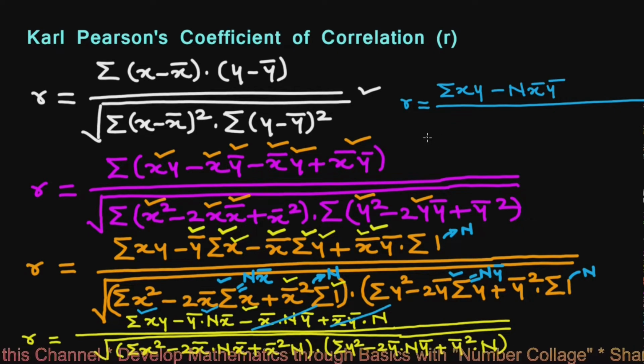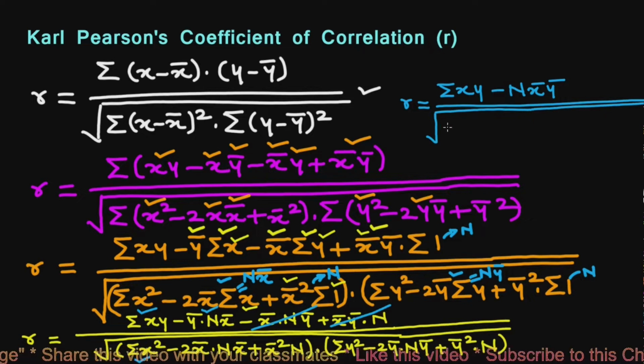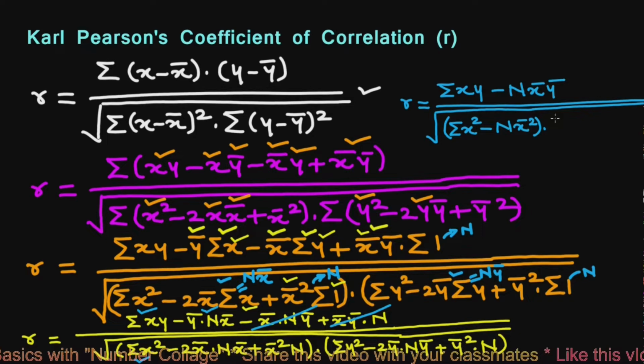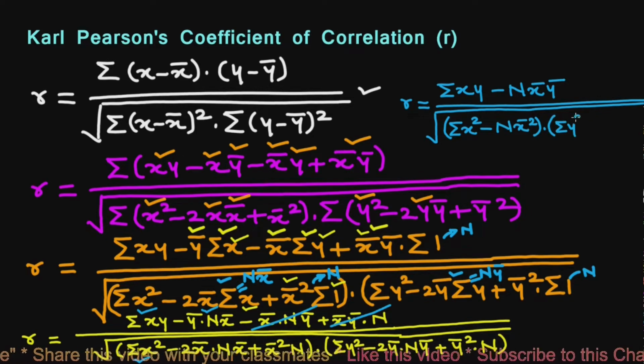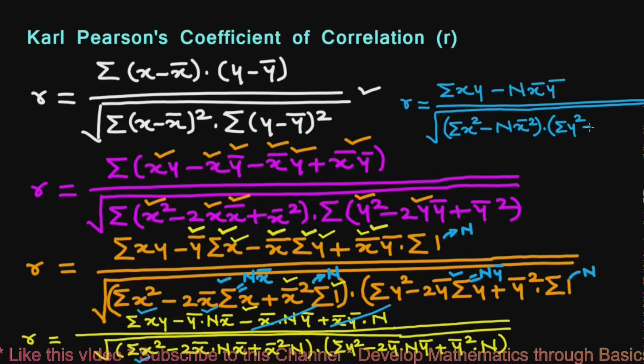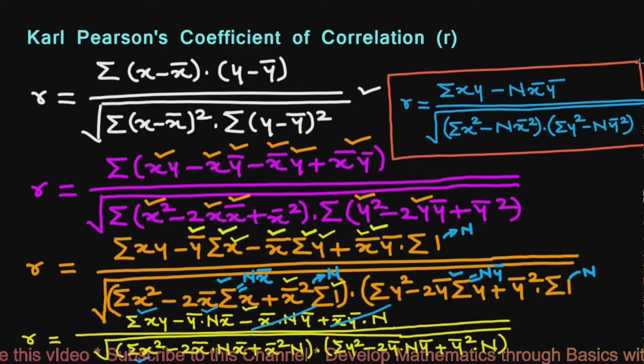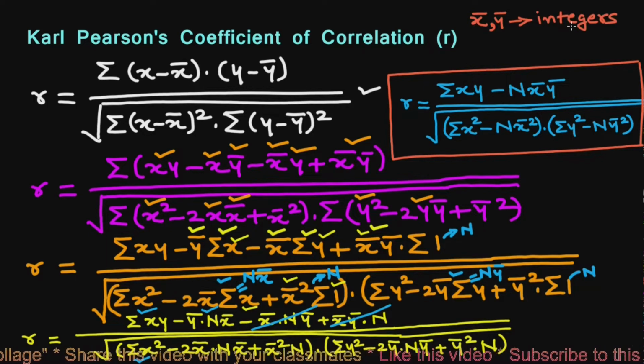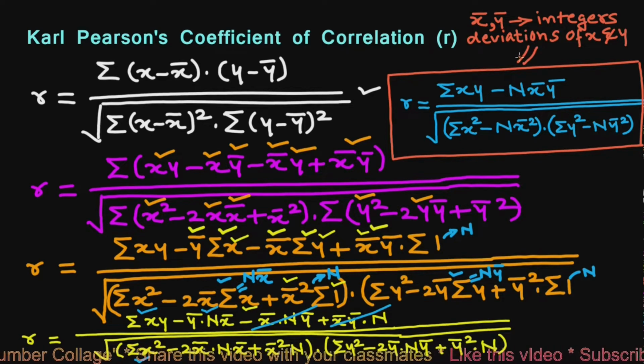In the denominator, it will be square root of summation x square, x bar square n minus 2 x bar square n gives us minus n x bar square, into summation y square, n y bar square minus 2 n y bar square gives minus n y bar square. Now in this formula for r, if x bar and y bar are integers, then we take deviations of x and y from them and use in this formula.